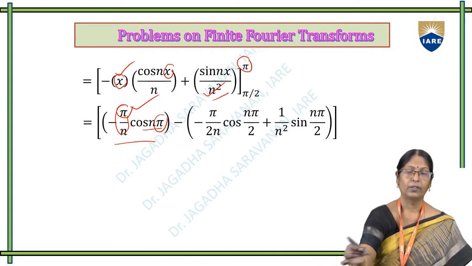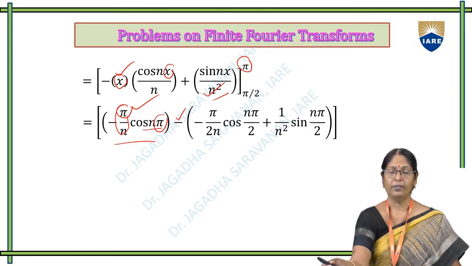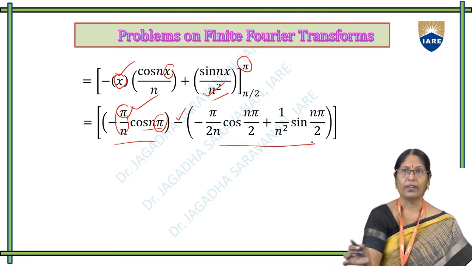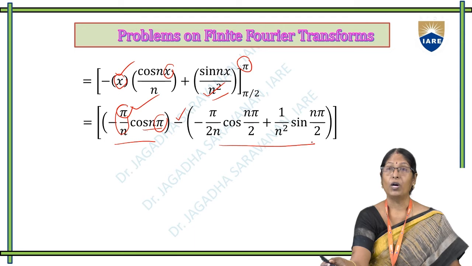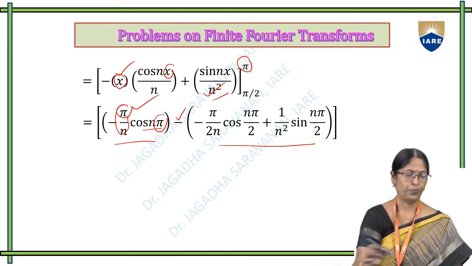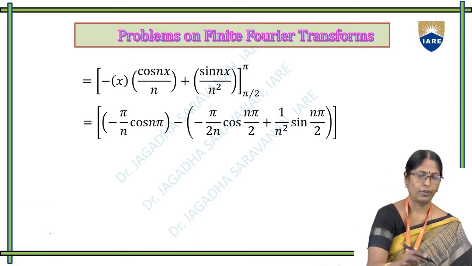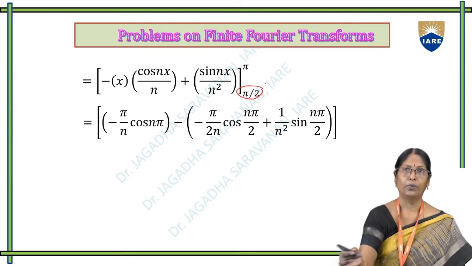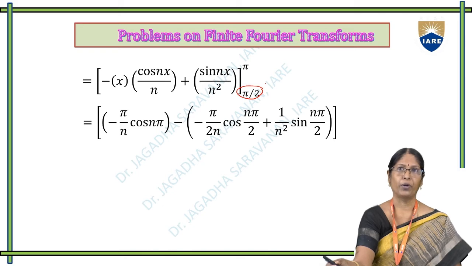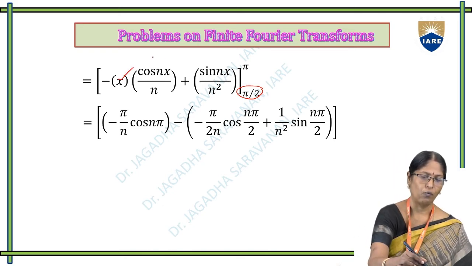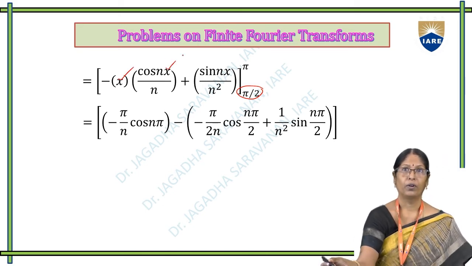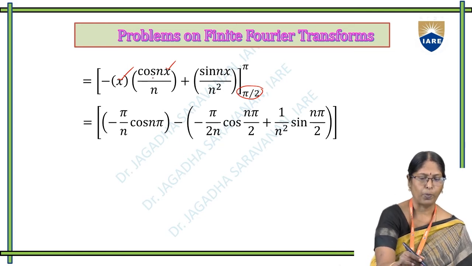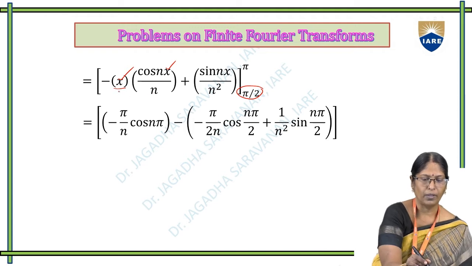Now the substitution of the lower limit value. The lower limit value is pi by 2. In the place of x, we are going to substitute. So here minus pi by 2, this n, here we are writing minus pi by 2.